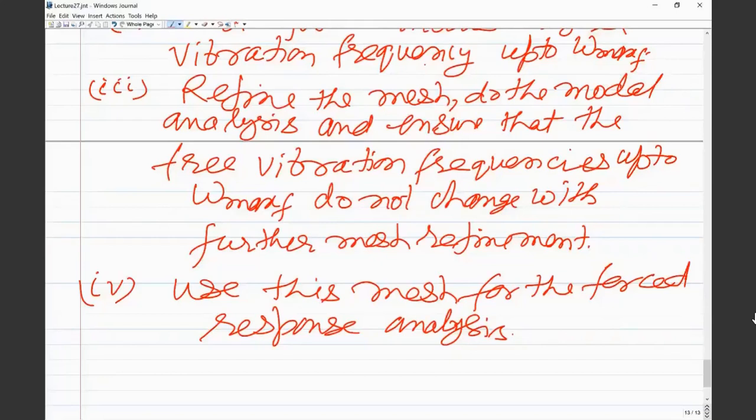So you look for the frequencies up to that mode, and then you do the mesh refinement and the eigenvalue analysis and make sure that the mesh you are using is correctly representing the modes up to omega max F, and then use that mesh for your force response analysis. That is for the time integration. The time integration you do based on that.